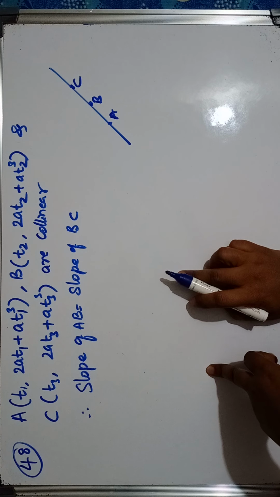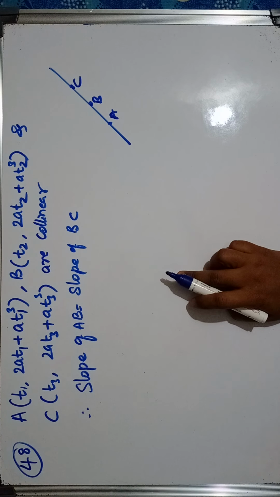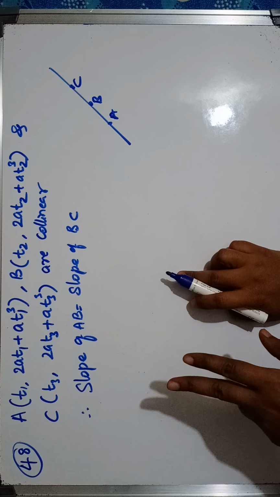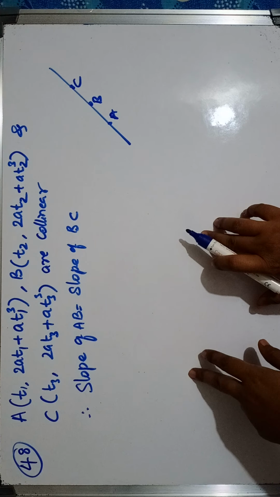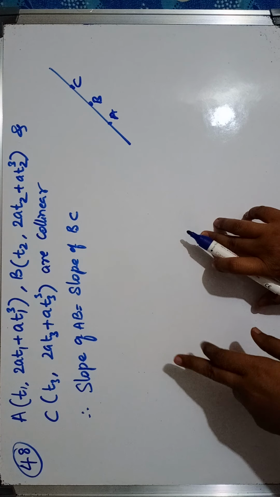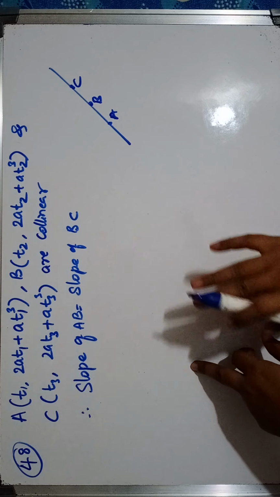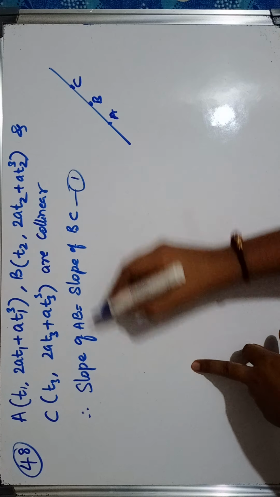Now we have the formula to find the slope of the line joining two points because we know the coordinates of the points. So we can easily find the slope of AB and the slope of BC and substitute here. Let me consider this as equation 1.